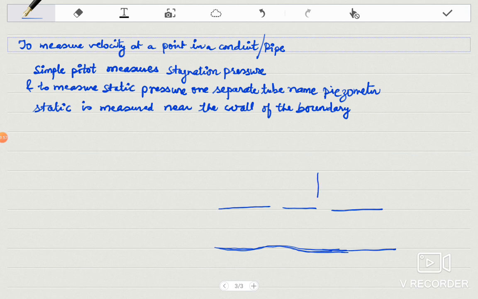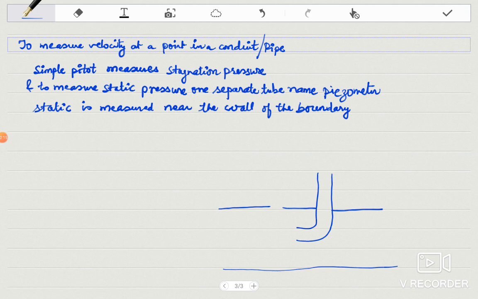So we will add a simple Pitot tube. This is a simple Pitot tube, and this is the piezometer.